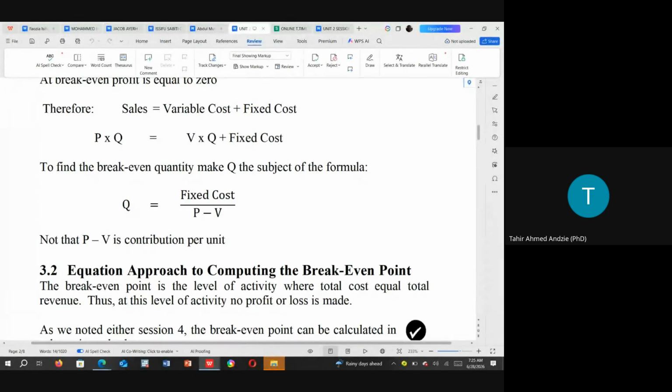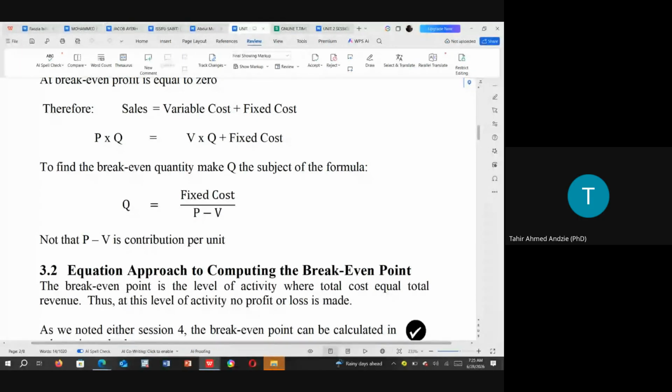Then we can also calculate break-even point in value. The break-even quantity can be multiplied by the selling price to get that. You can get the break-even sales in value by multiplying fixed cost over contribution per unit by the selling price, or you can divide the fixed cost by the contribution margin ratio, right?